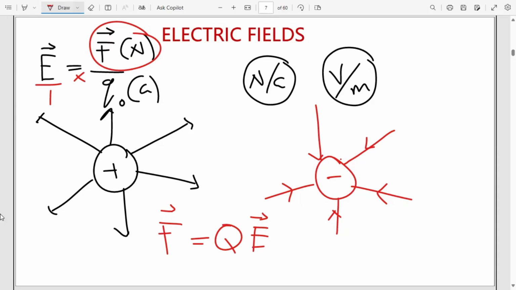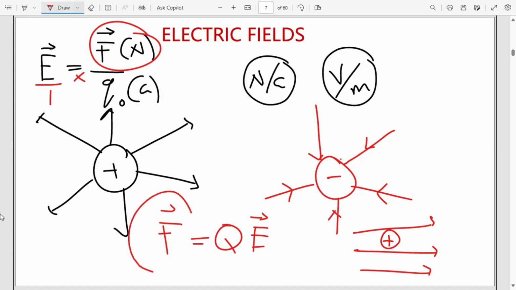You're going to notice that if q is positive, which means the charge is positive, the force is going to be in the same direction as the electric field. So let's say you have your electric field pointing in that direction, then you introduce a positive charge there. The force is going to be in the same direction as E, the electric field strength. If q is negative, the force is going to be in the opposite direction to the electric field strength.